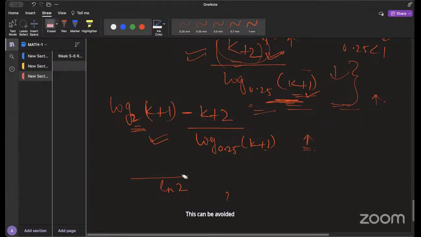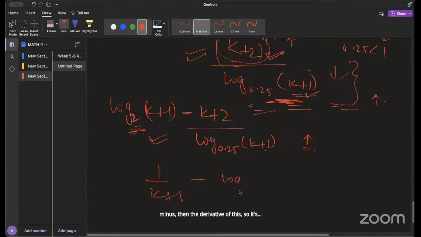You can just simply take natural log here, because they have the same behavior. So it will be 1 by k plus 1 minus then the derivative of this. So it's log 0.25 k plus 1 and k, and then k plus 2.